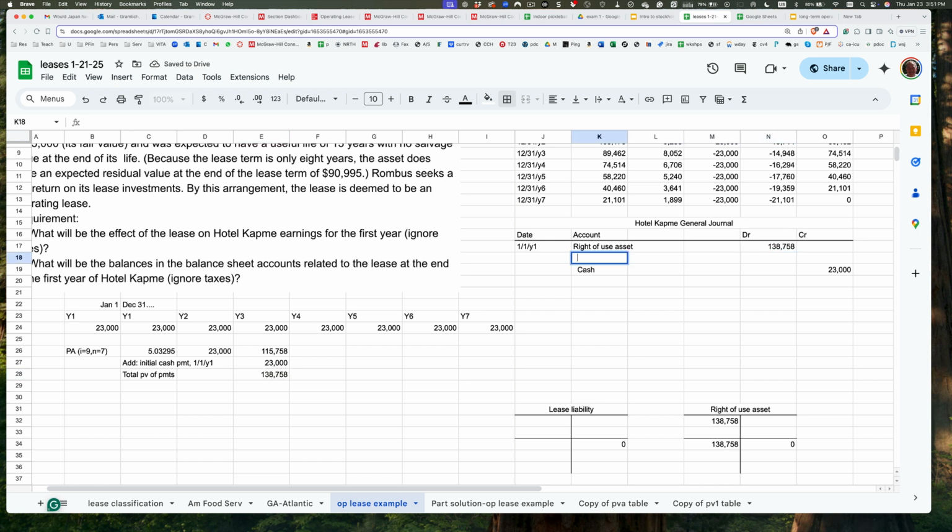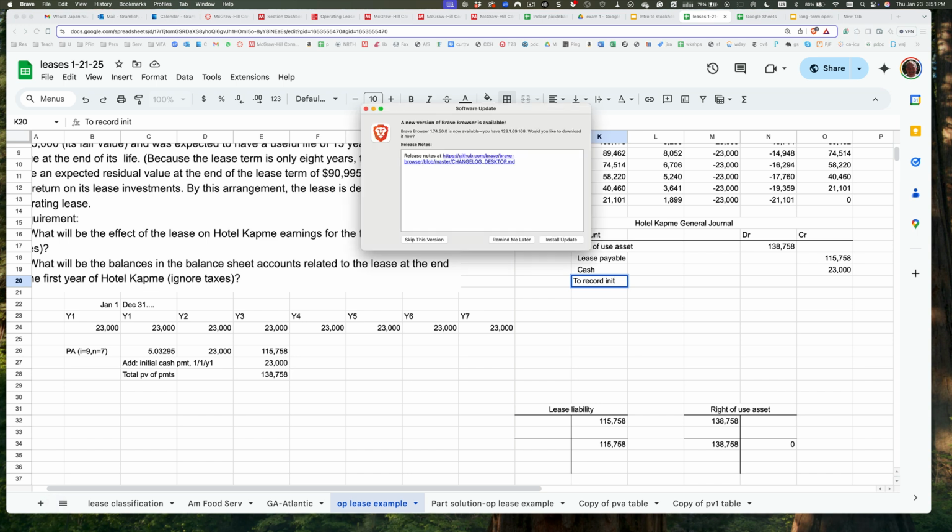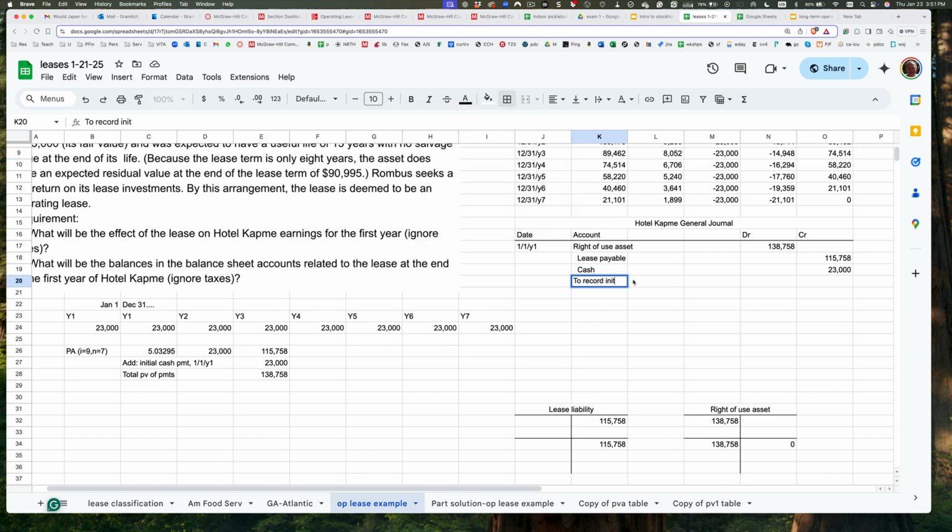And then we're going to credit lease liability or lease payable for the difference, which is 138,758 minus the 23,000, which is the 115,758 present value of these future lease payments here. This is to record initial payment on long-term operating lease.